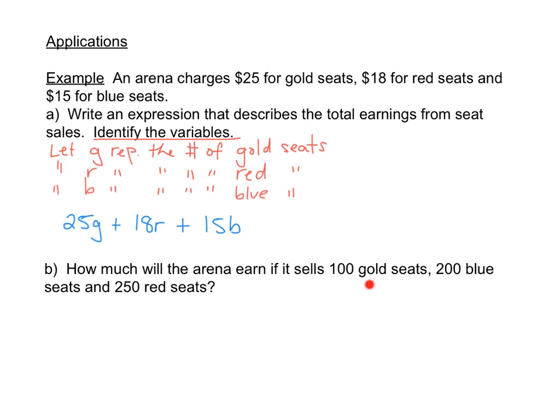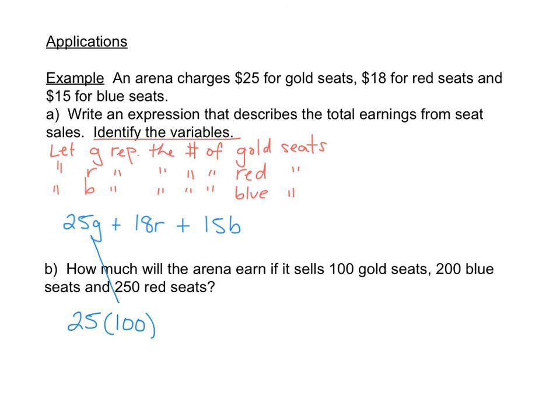So I now know how many gold seats, I know how many blue seats, and I know how many red seats. So let's just take that and sub those in, and we're going to actually solve this wonderful problem. So let's take 25, and I'm going to change the G to 100, but I'm going to make sure that I put the 100 in brackets.